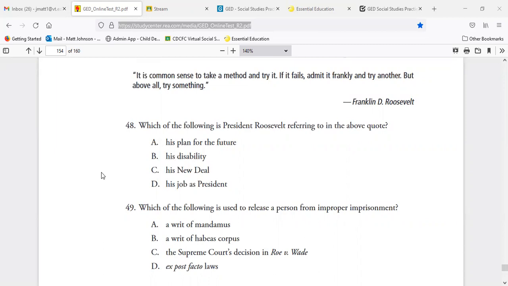So we talked about FDR quite a bit. So let's put something in the chat here. Let's see, his plan for the future. A little more specific than that. B. So C, the New Deal.